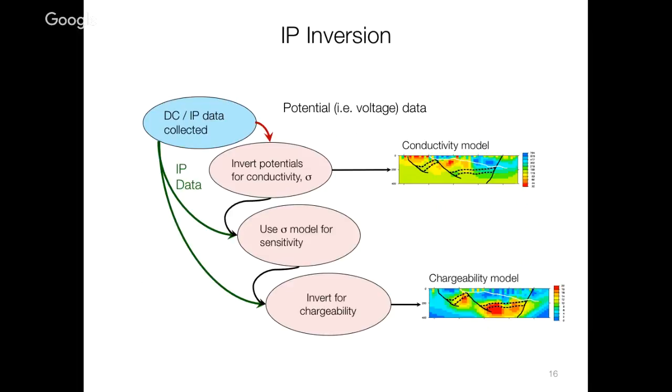This is actually a field data set. It's one of the first ones that was inverted for mineral deposits. It was way back in, I don't know, '92, I guess it was. This is a Century deposit in Australia. Of interest were these regions in here. Those were the mineralized zones.